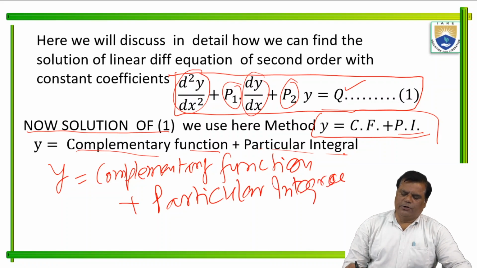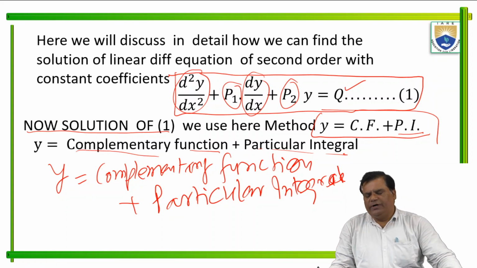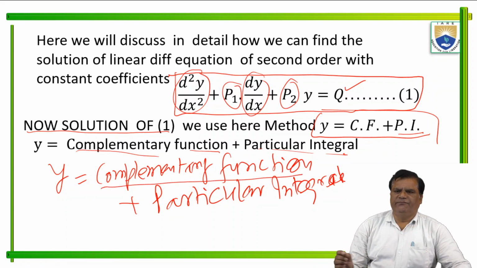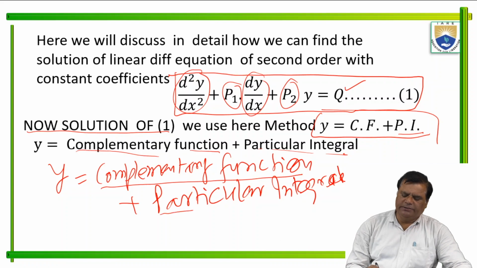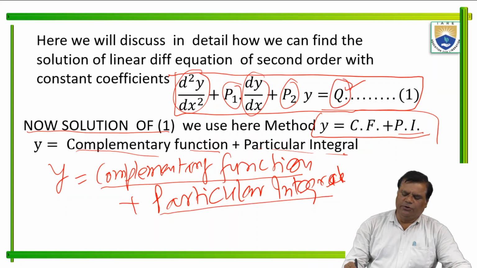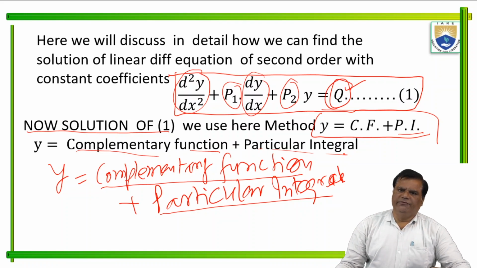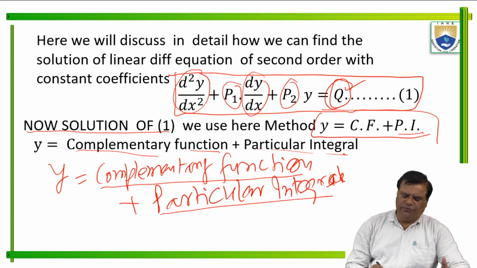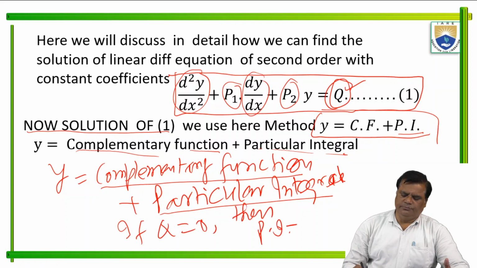There are two parts of the solution. The first part is the complementary function. The second part is the particular integral. In our question, if Q is given, then we find PI. If Q is 0, then PI is 0.